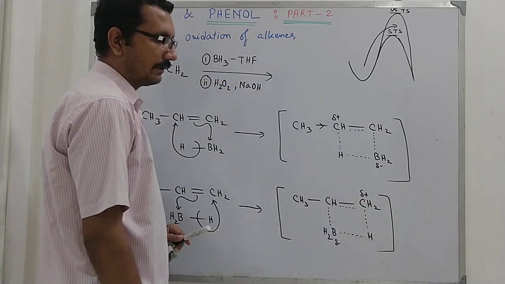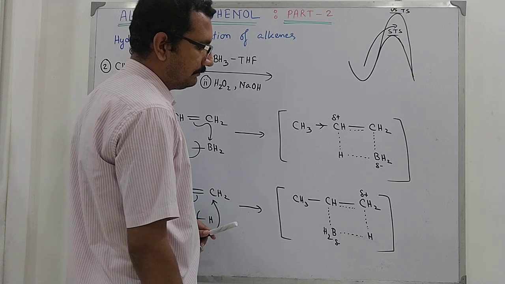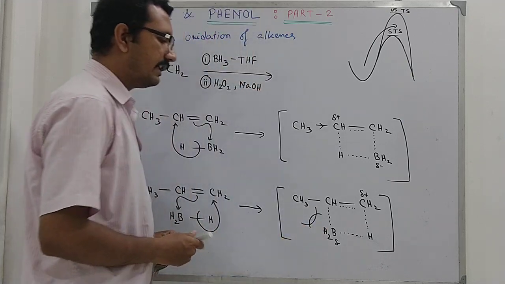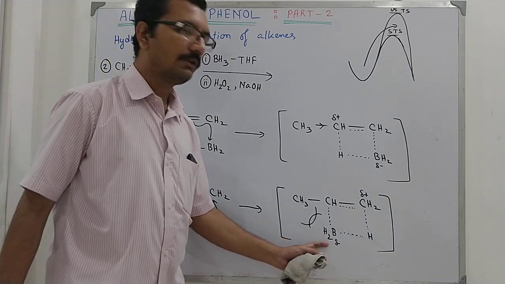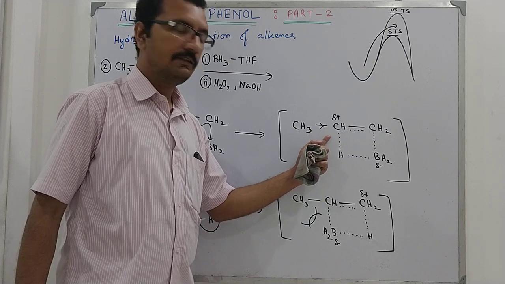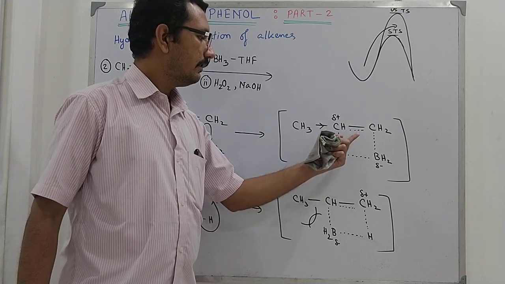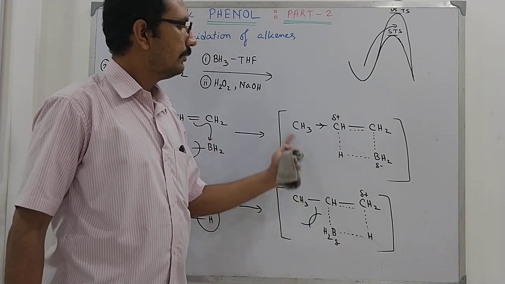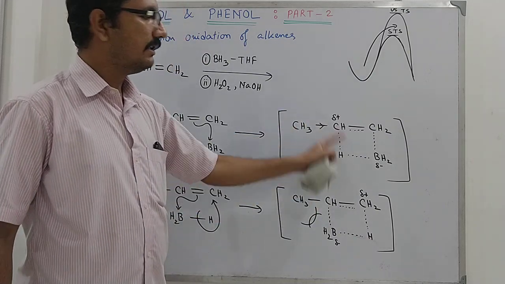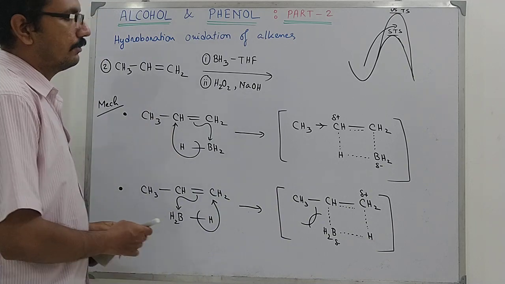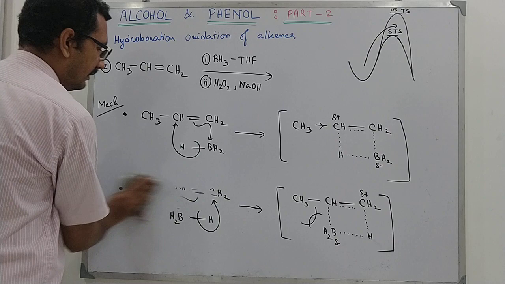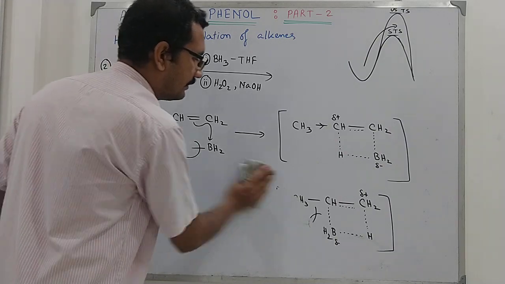Again you see, here there is a provision for steric repulsion between these two bulky groups. So here you have the electronic stability as well as the steric stability. So both the steric factor and the electronic factor support the stability of this transition state. So it will pass through this transition state and not through this. This will lead to a higher activation energy.